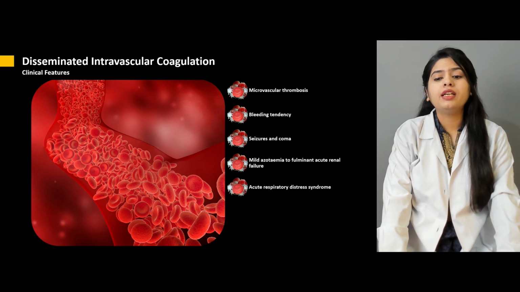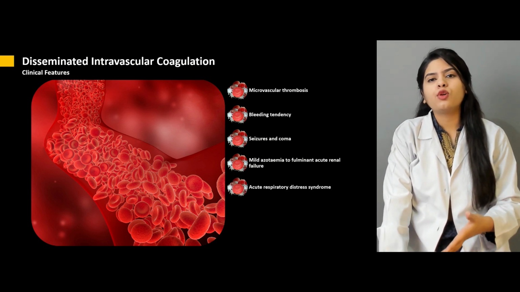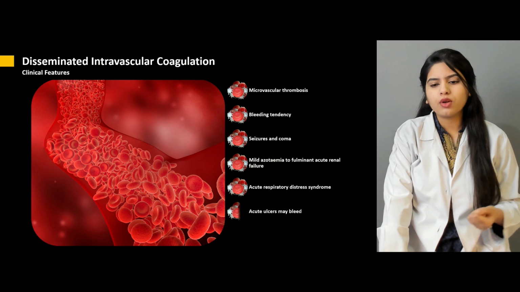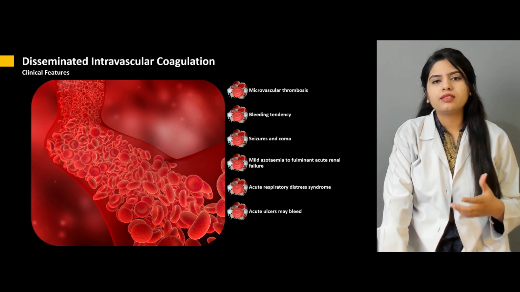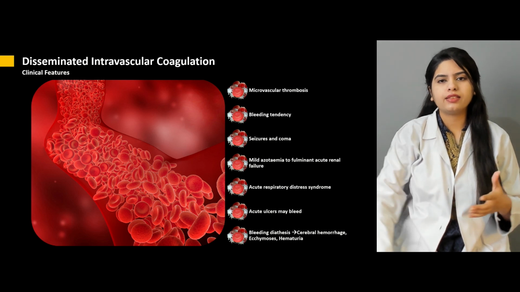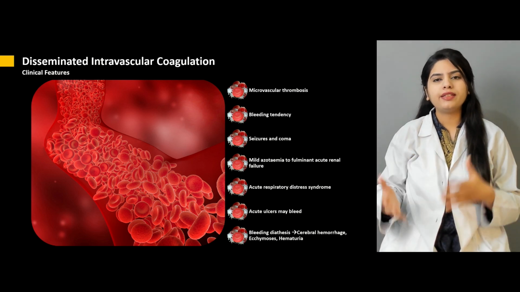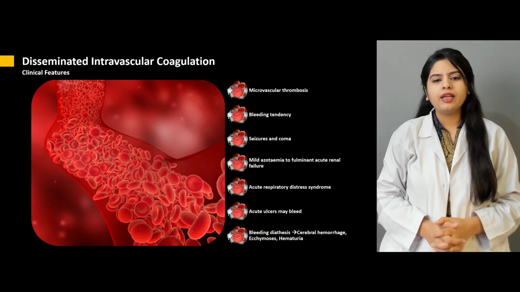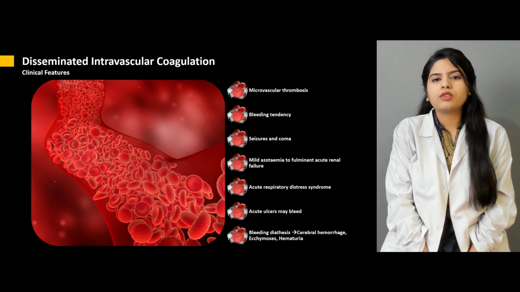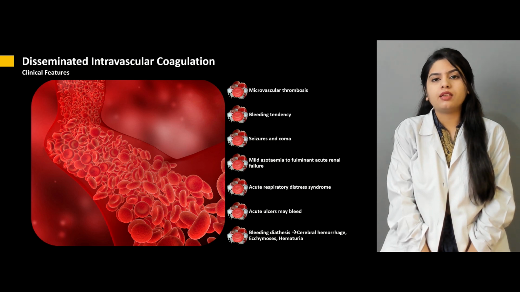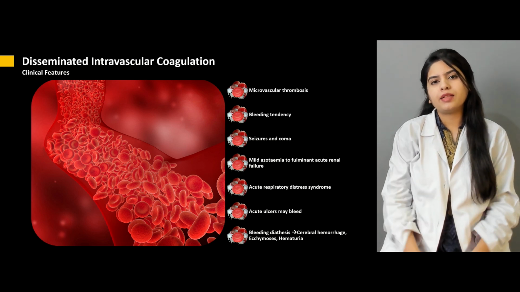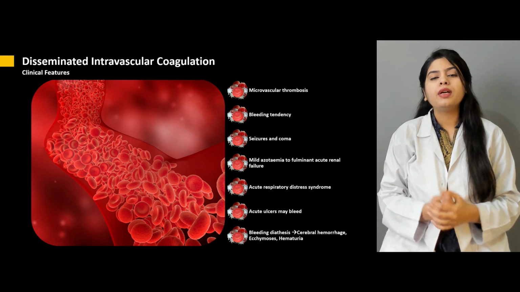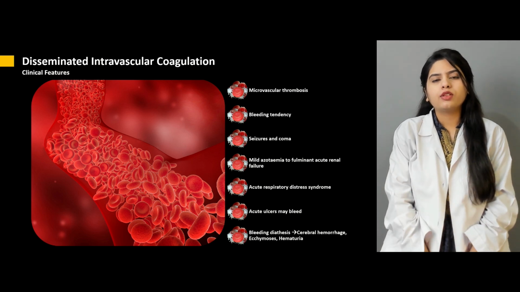Then there can be acute respiratory distress syndrome when the respiratory system is involved. There can be acute ulcers that can bleed severely, or there can be bleeding diathesis that can lead to cerebral hemorrhage, ecchymosis, and hematuria. These are all the symptoms or clinical features that can be presented by the patient suffering from disseminated intravascular coagulation.